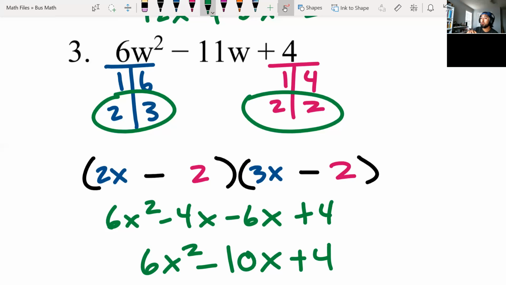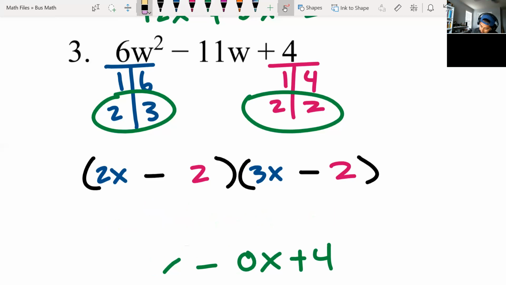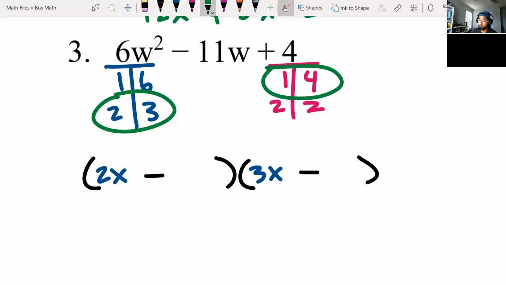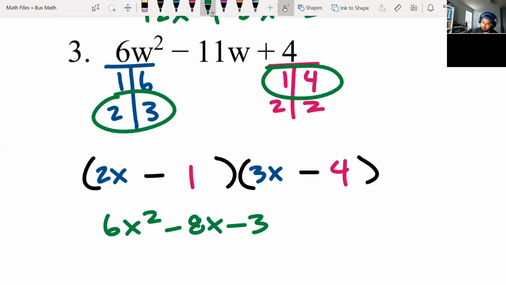So this means 2, 3 with 2 and 2 are not going to work. So now we should try 2, 3, and what other factors? 1, 4. Let's try 2, 3, and 1, 4. And I'll put a 1 here, and I'll put a 4 there. Let's see what happens. Check our work again. 6x squared minus 8x minus 3x plus 4.